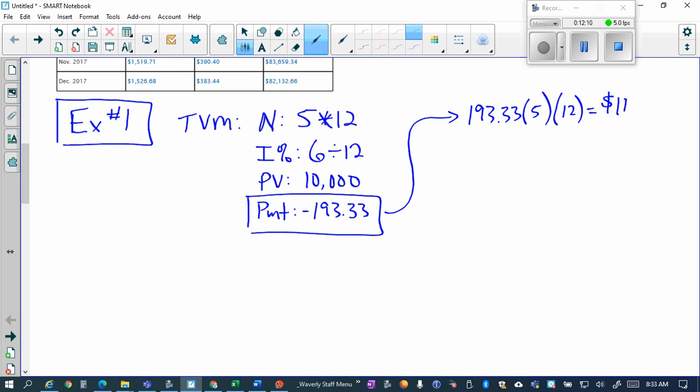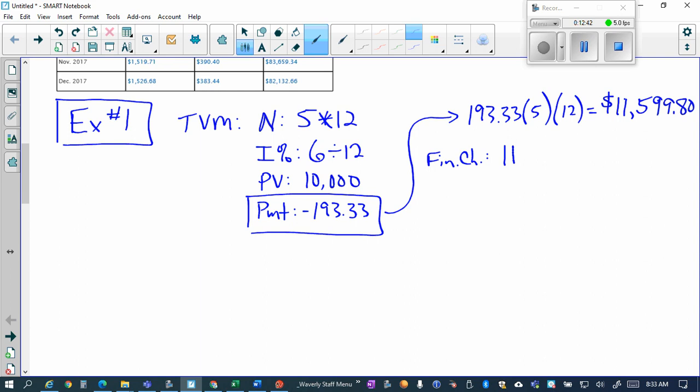Okay, that is what you pay in total at the end of that loan when you're done paying it off. And did they ask for the finance charge? Yeah, they did. So to get the finance charge, Dylan tells us we just take that and subtract the original amount we borrowed.